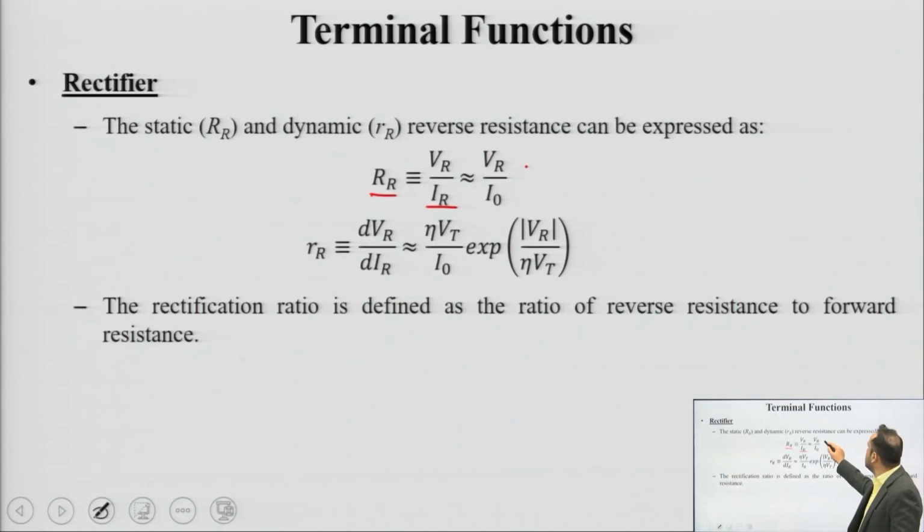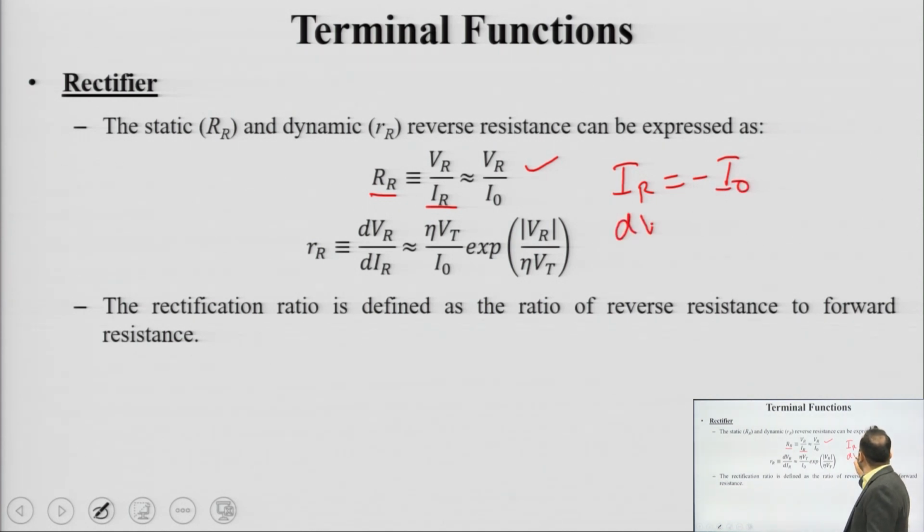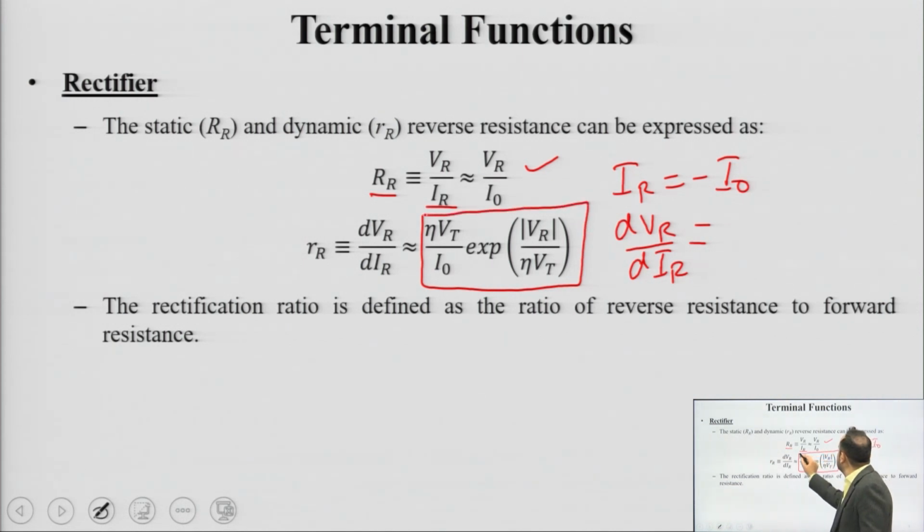So, this is my reverse resistance, static one. Dynamic is defined as derivative of dVr by dIr. Okay. So, Ir is basically minus I naught. Okay. So, dVr by dIr is obtained as this expression here.